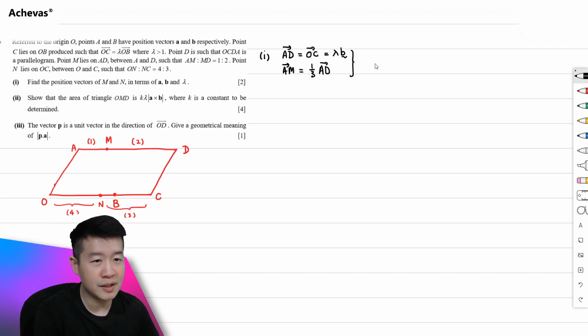The reason why I'm doing this is so that I can quote OM. Because from the diagram that I've just drawn, OM is going to be OA plus AM.